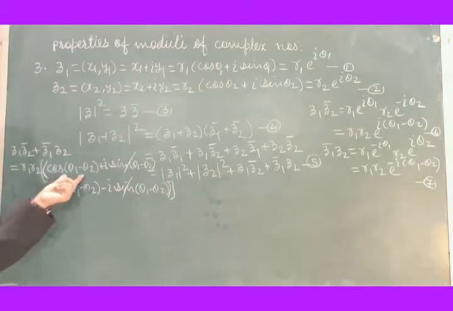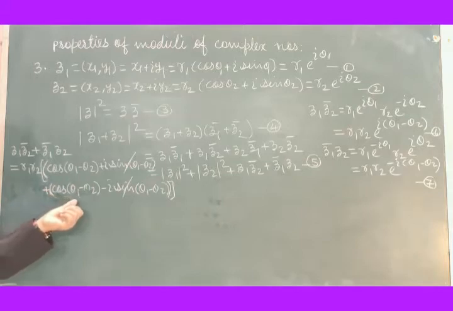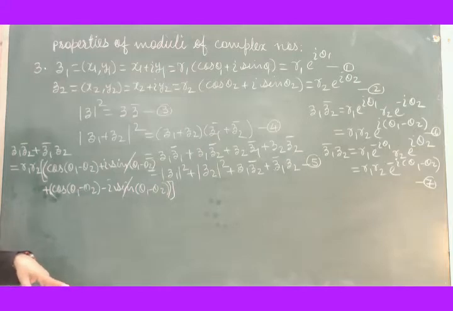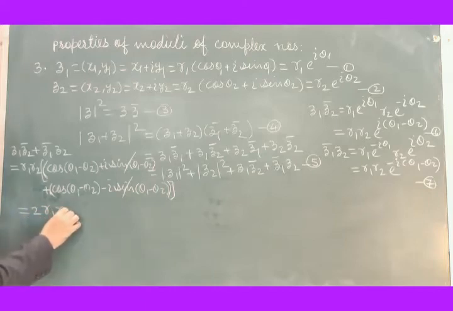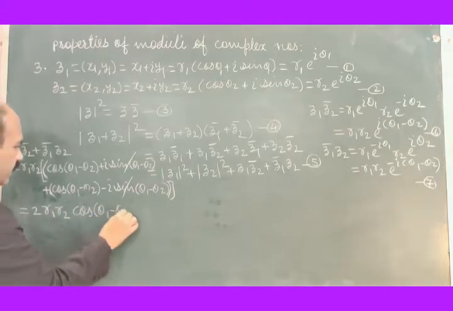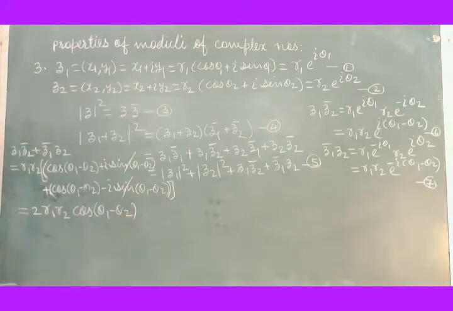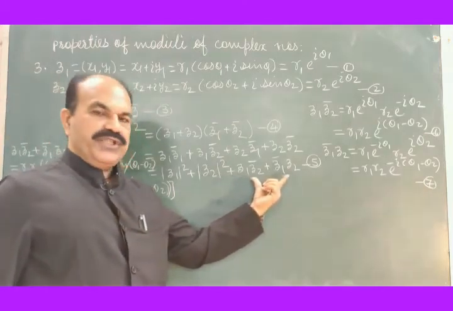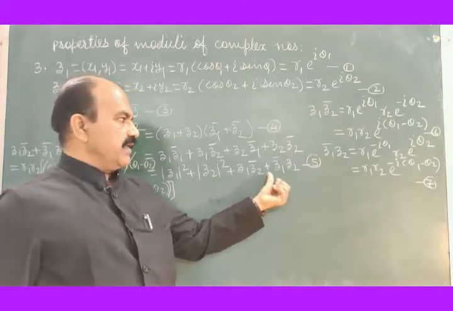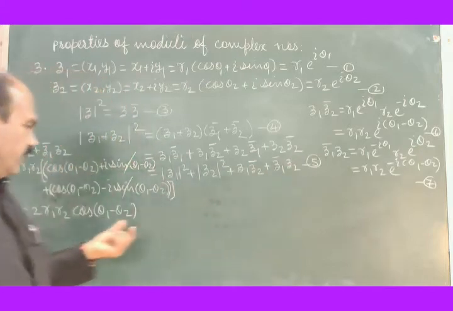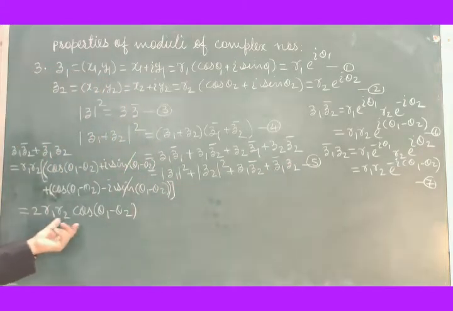Cos theta 1 minus theta 2 plus cos theta 1 minus theta 2, it will be 2 times cos theta 1 minus theta 2, and therefore this is equal to 2 times R1 R2 into cos theta 1 minus theta 2. So, sum of these two terms Z1 Z2 bar plus Z1 bar Z2 is this 2 R1 R2 cos theta 1 minus theta 2.